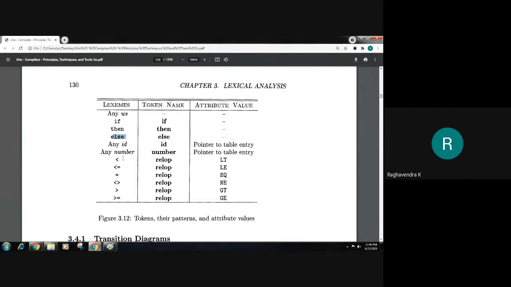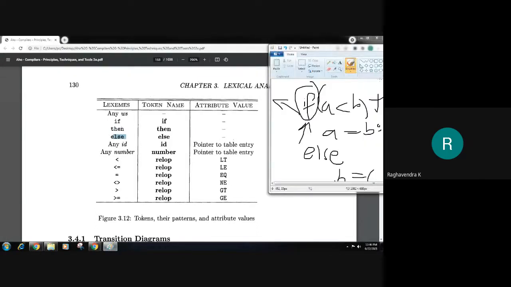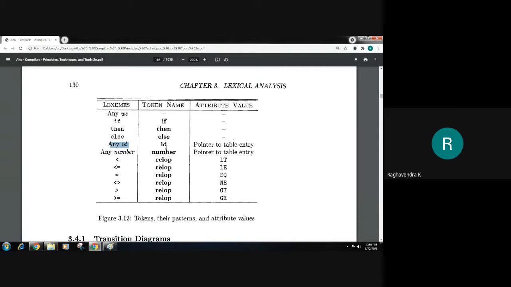But when you see an ID, do you have an ID here? For example, A is an ID. This has been recognized based on the definition of identifier. So when you see an identifier, you return that you have seen an ID. But you know that for an identifier, you need to enter those values into the symbol table and pass the pointer as an attribute value.